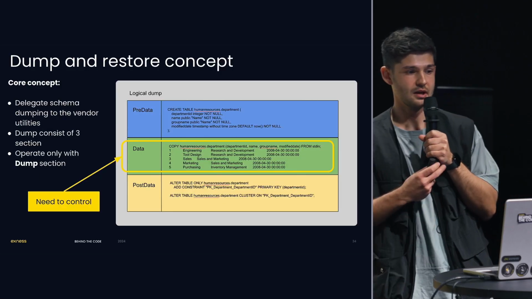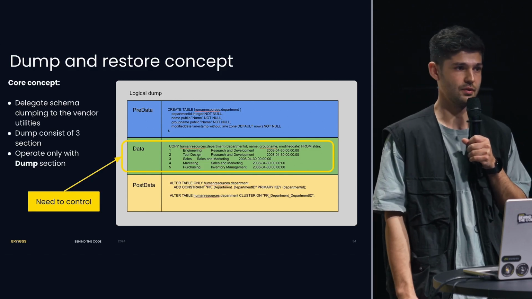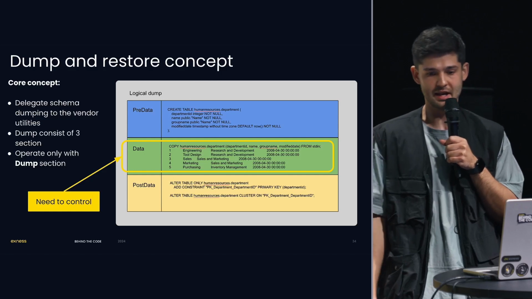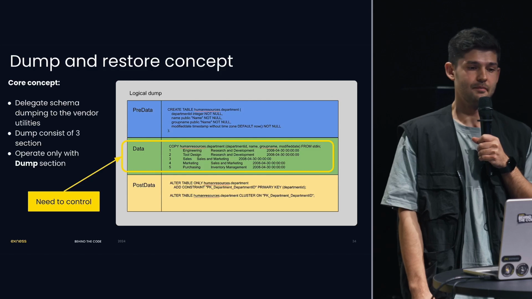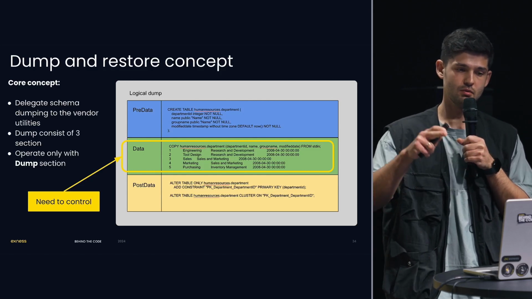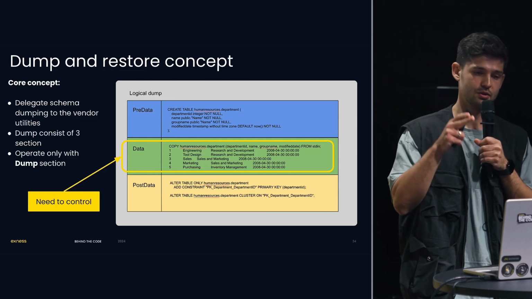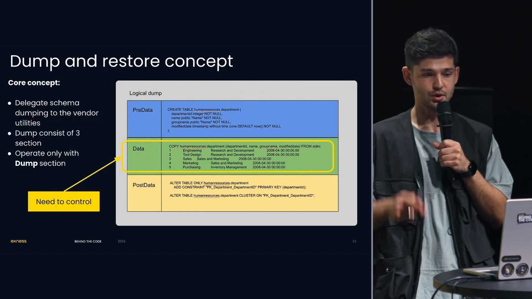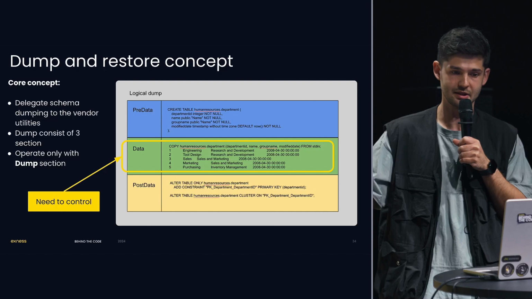As I mentioned before, it is better to have a dump as reliable as vendor utils, and here is why. Let's make a deep dive into how logical dump works. Mostly we have 3 different sections. Pre-data, containing your table definitions without constraints and data itself.